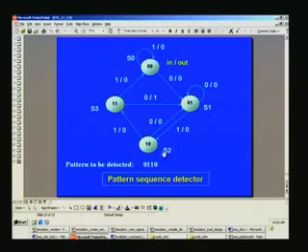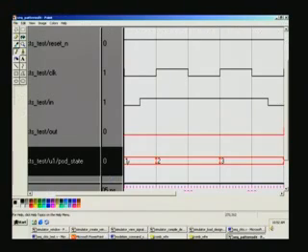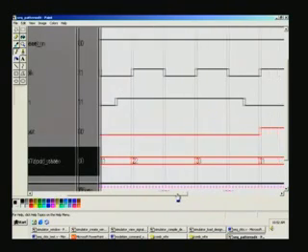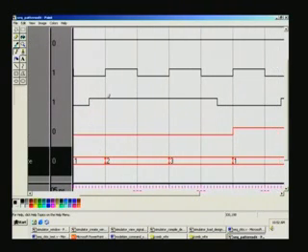So S1 to S2 should go, provided input is 1, right? S1 to S2 it has gone, provided input is 1, right? And here again 1 1 here, right? Again you see, notice this pattern, 0 here, then once again 1, then one more 1, again 0, isn't it? So the output is also correspondingly 1.